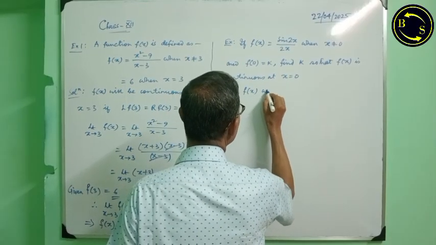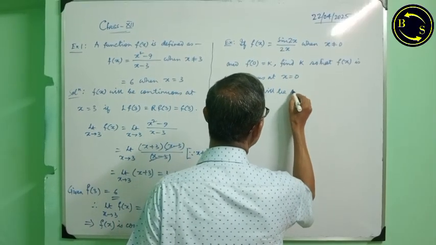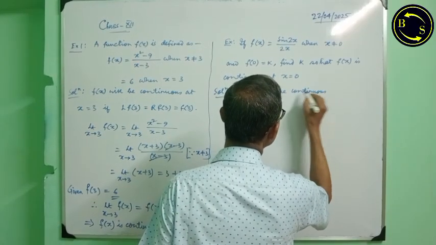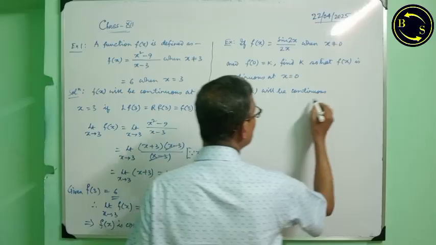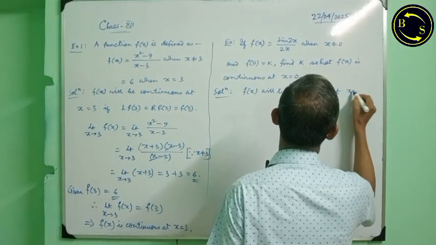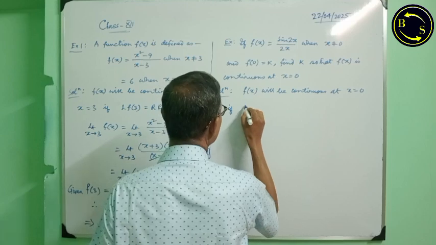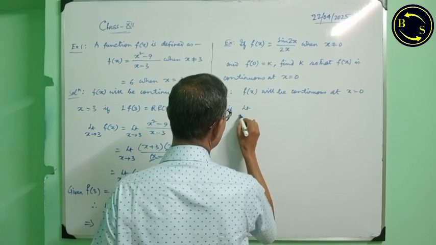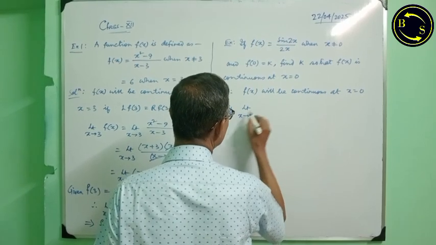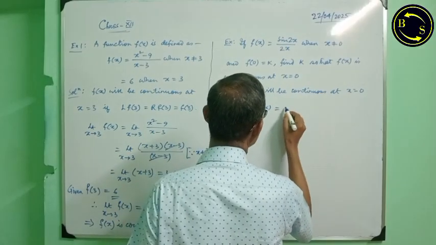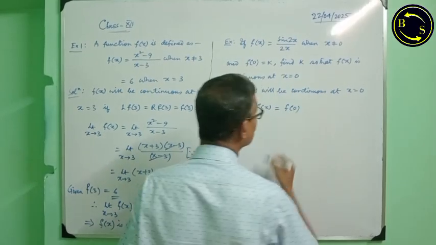f(x) will be continuous at x equal to 0 if limit x tends to 0 f(x) is equal to f(0).